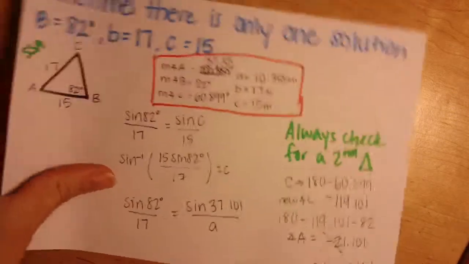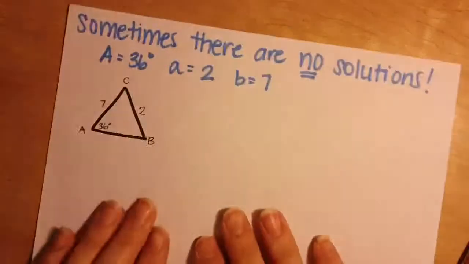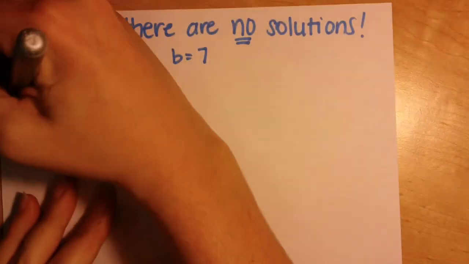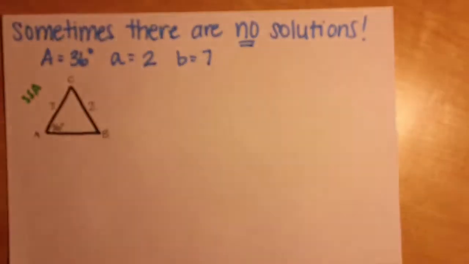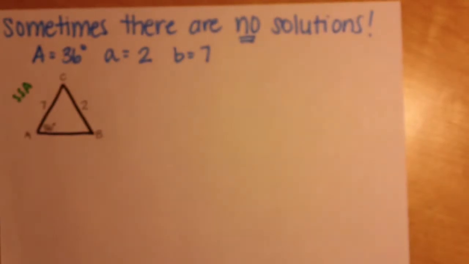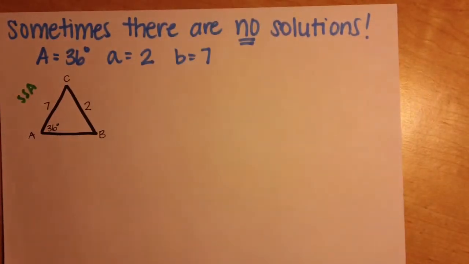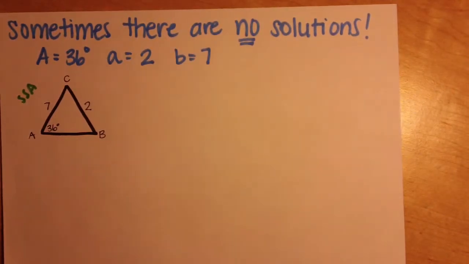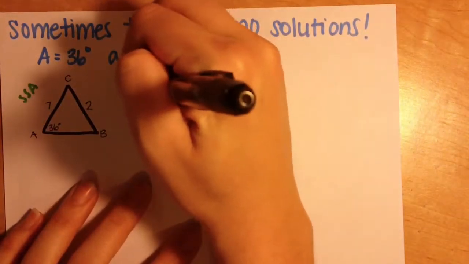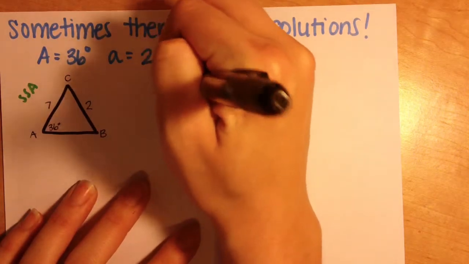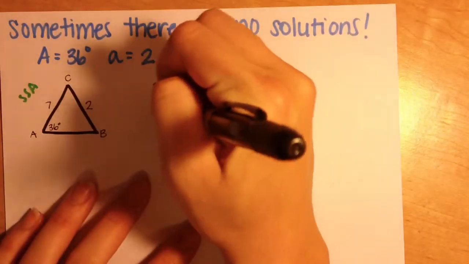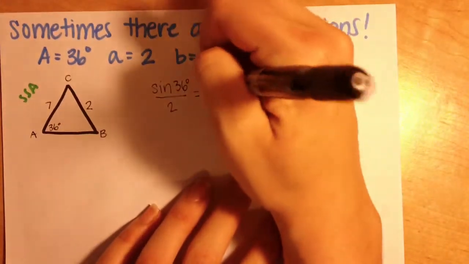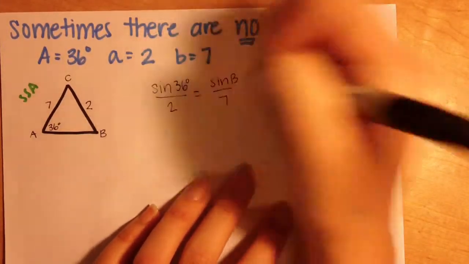So now I have one last example. Again, this triangle is side-side-angle, and we're going to use our law of sines to solve. So we'll have our given, the sine of 36 all over our side 2 equals, and then we have side B, so we'll have the sine of B all over 7.